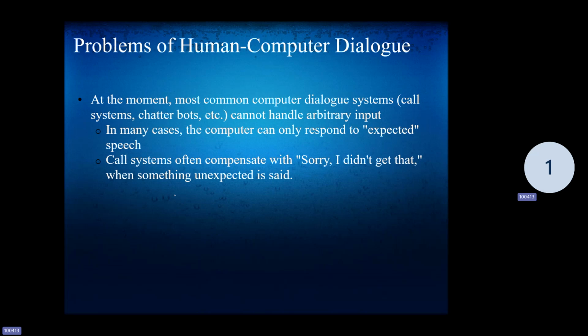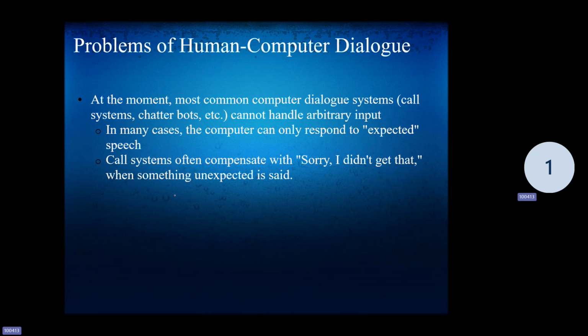Problem of human-computer dialogue. At the moment, the most common computer dialogue system is the call system. A chatterbot cannot handle arbitrary input. In many cases, the computer can only respond to expected speech. Call systems often compensate with "Sorry, I didn't get it" when something unexpected is said.